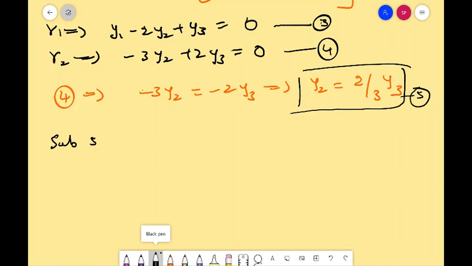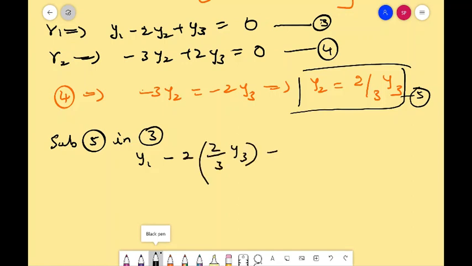Substitute 5 in 3. So you will get y1 minus 2 into 2 by 3 y3 plus y3 is equal to 0.